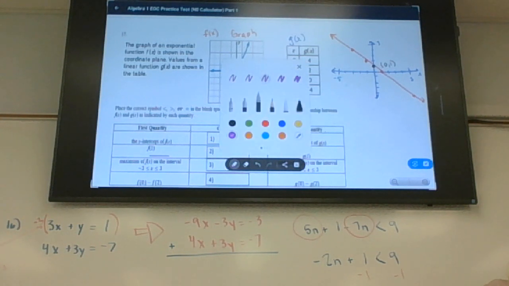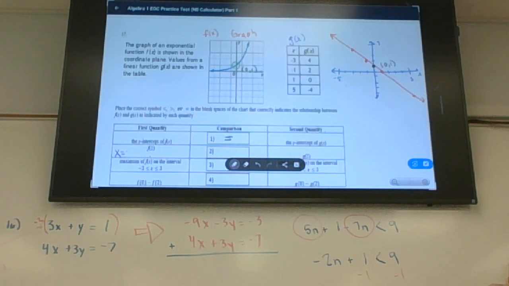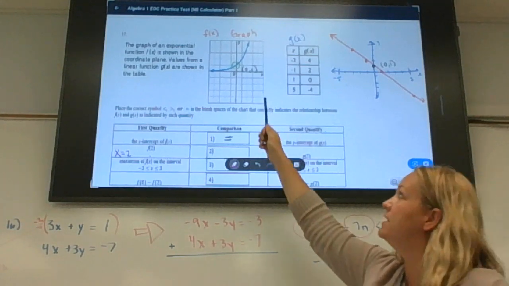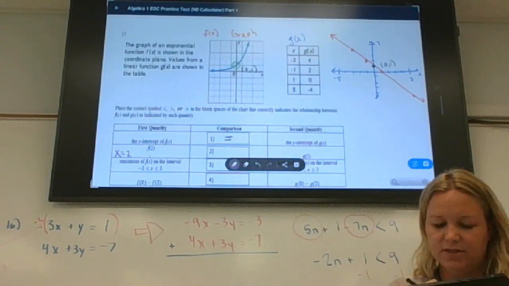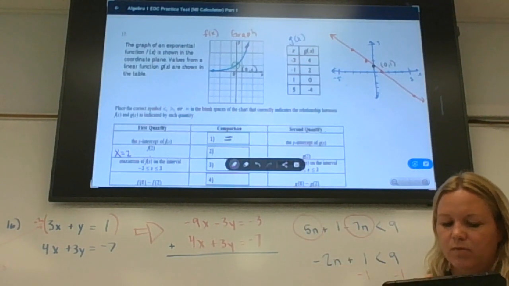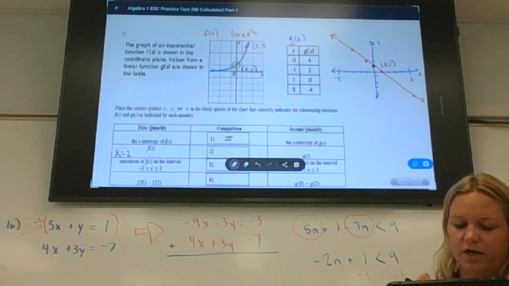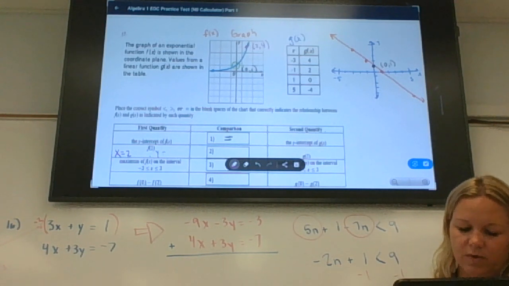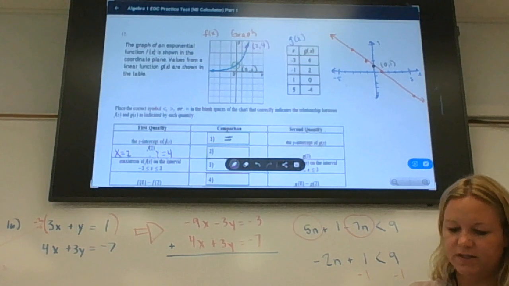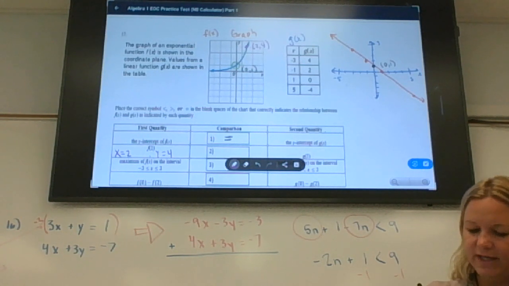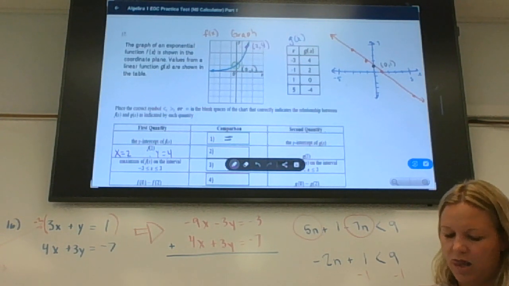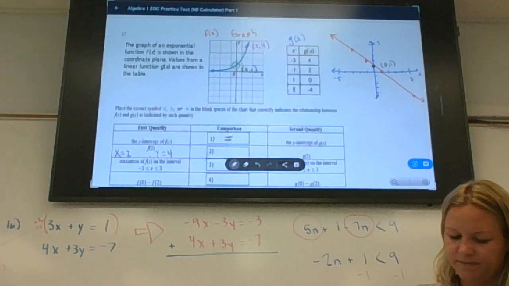F of 2 means when x equals 2, what is y? On this one, when x is 2, we're at this ordered pair here, which is 4. When x is 2, y is 4. And on this one, when x is 2, y is -1.